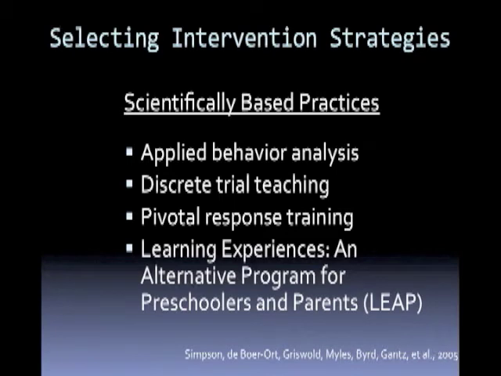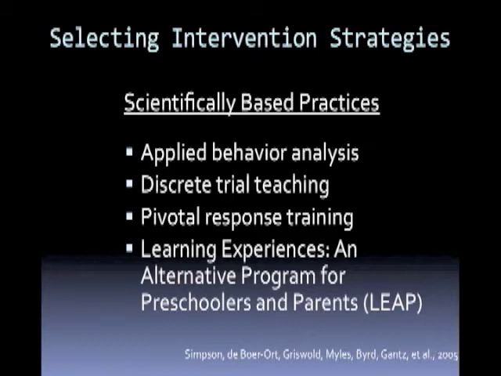So today what we're going to talk about is how do we know that a strategy is going to work? How do we know which strategies to select? And so we're going to talk a lot today about evidence-based practice or scientifically based practices.